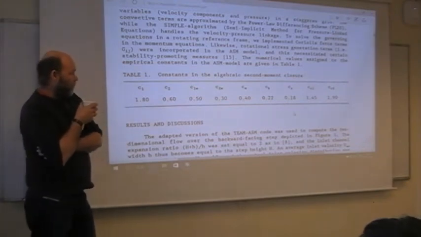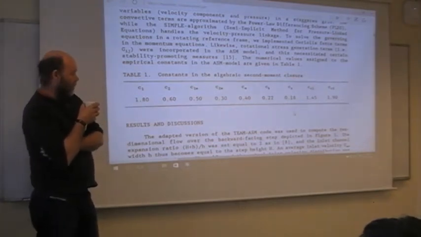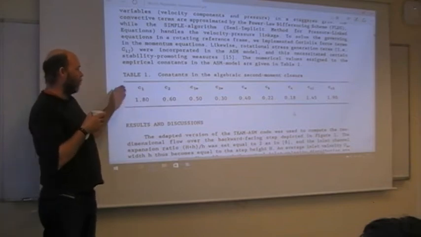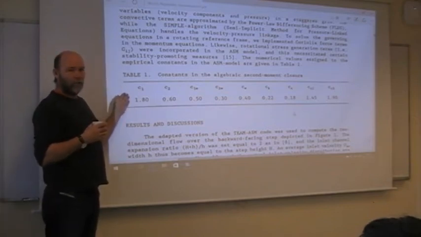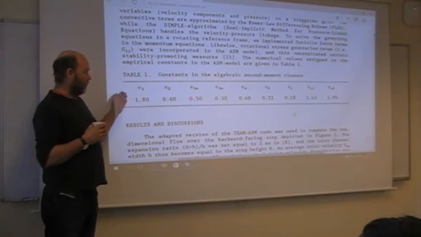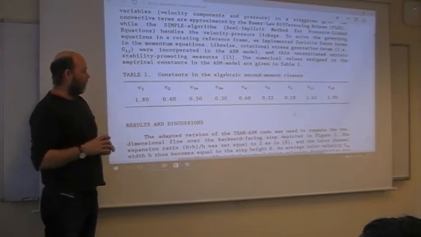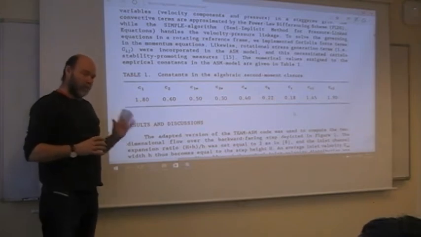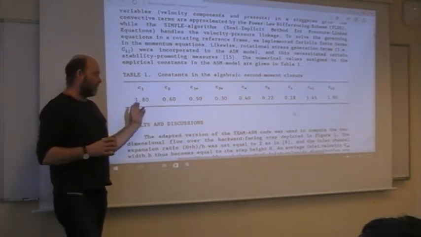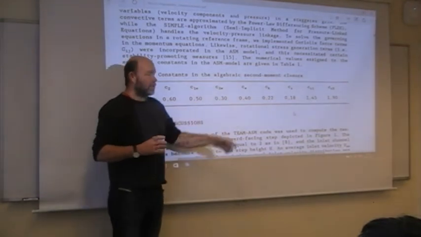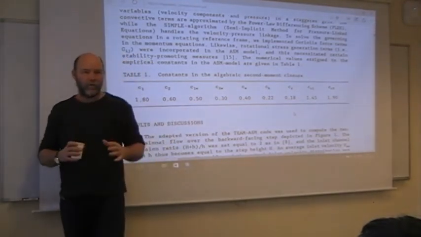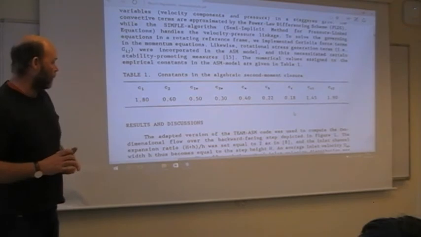But the more advanced turbulence model you choose, ASM, RSM, you will have more and more constants to play around with. So here you see you have a good bunch of constants, and it is quite essential for your problem to find a suitable set of values, because these will change from one geometry to another, from one Reynolds number to another.